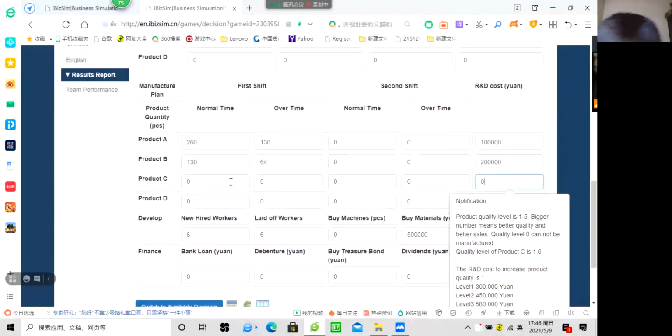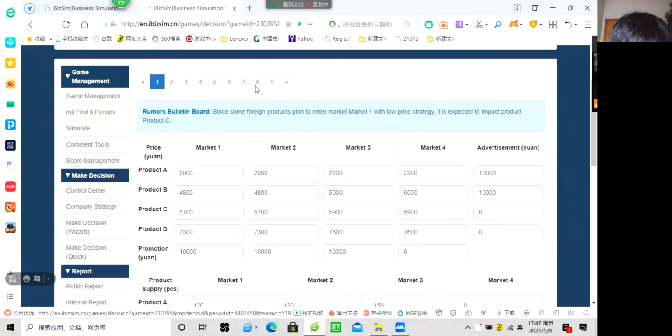Here, if we want to produce product C, we need to put $300,000 there. But our initial condition is not giving that, so from quarter 1 to quarter 8, nothing.